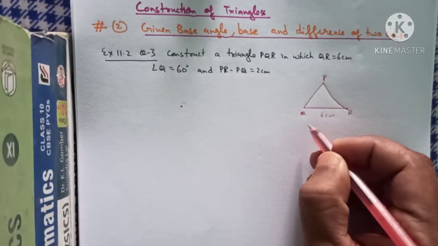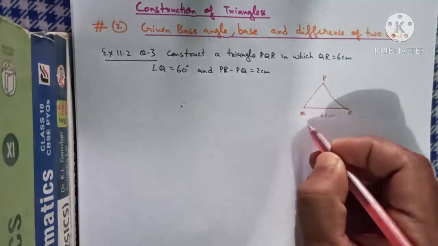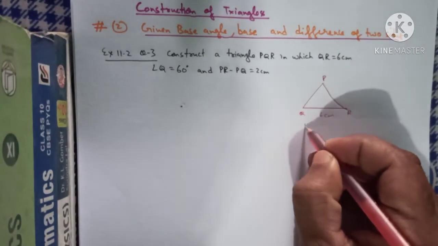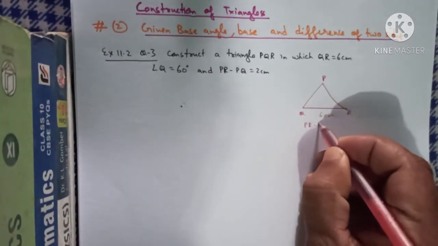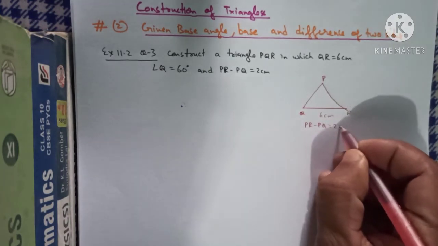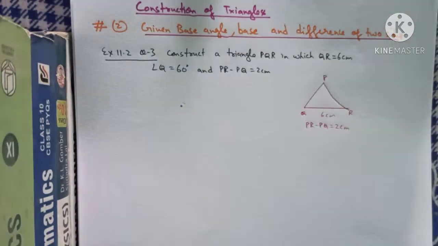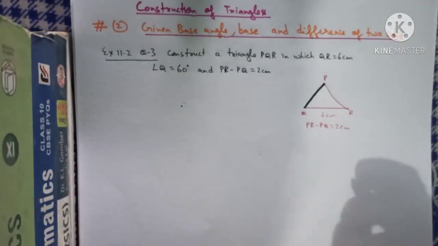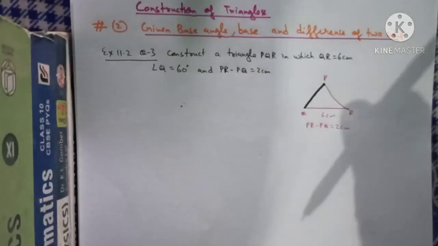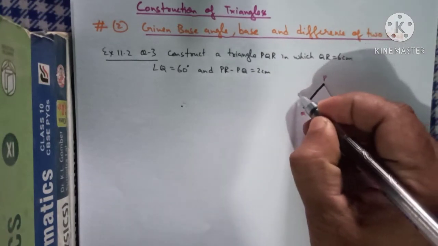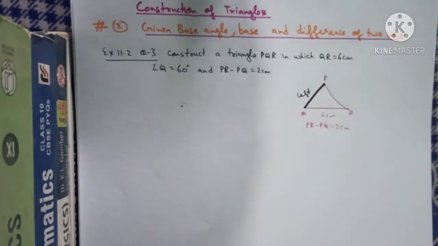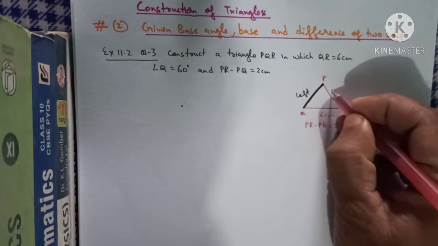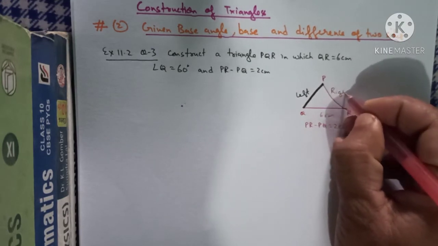And we can see here that it is given that PR minus PQ is equal to 2 centimeter. So here we can clearly see that PQ is the side which is on the left side and PR is the side which is on the right side.